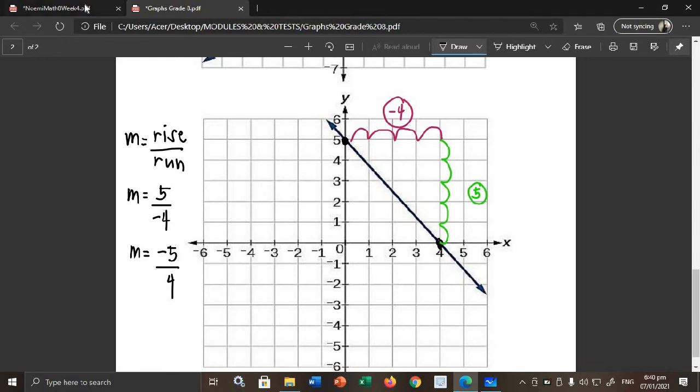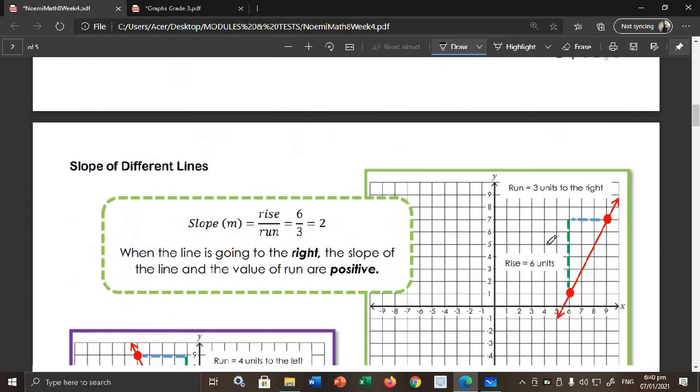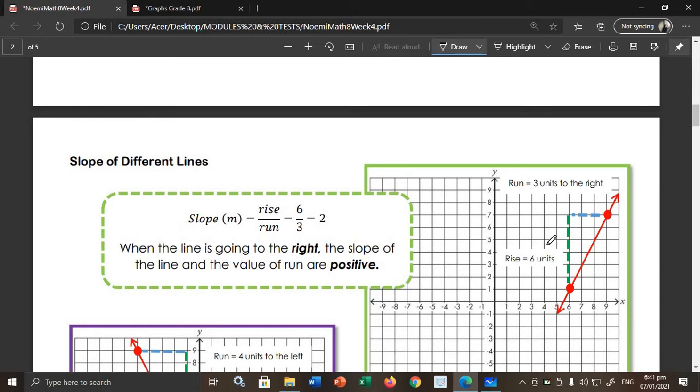No? So that is how you get the slope of a line using a graph. And then there are classifications. Meron tayong mga classifications kung paano natin malalaman yung itsura ng line based sa slope na nakuha natin.